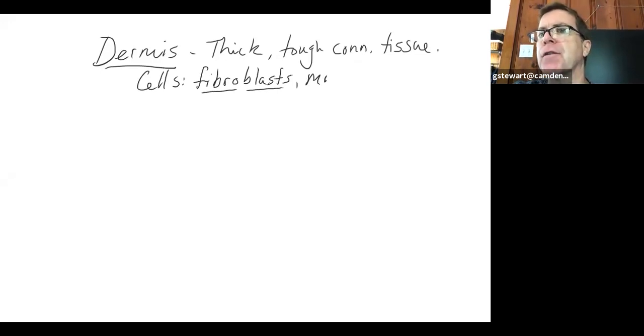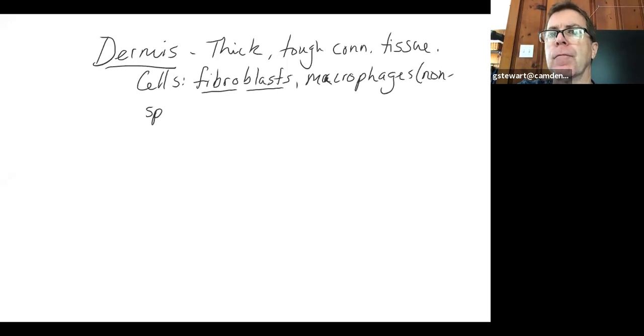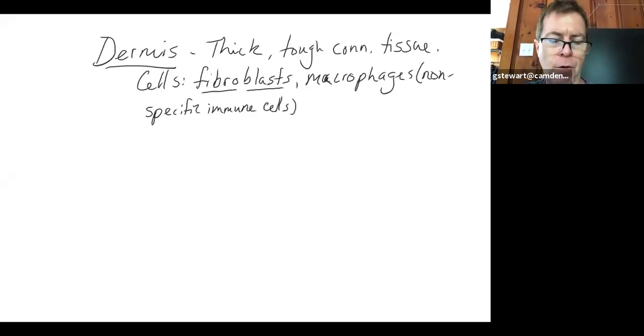Macrophages, get used to that term because in almost every organ system in the human body, we mention the word macrophage. These are immune cells, they're non-specific immune cells. The term non-specific just means they will go after anything foreign, any foreign cell pretty much in the human body.